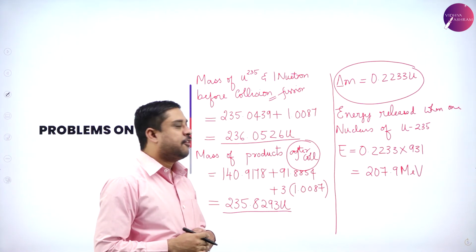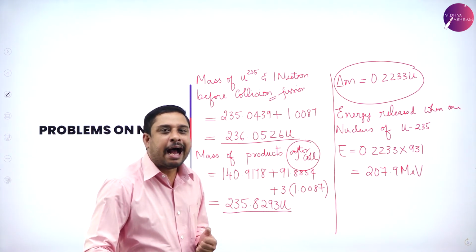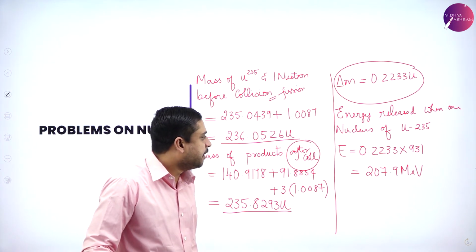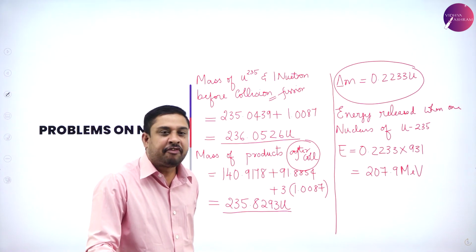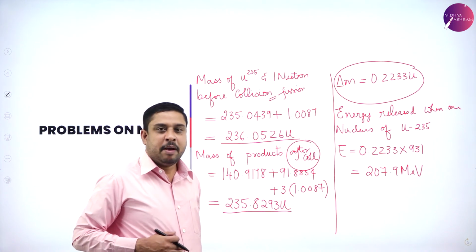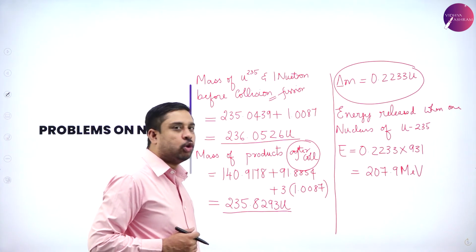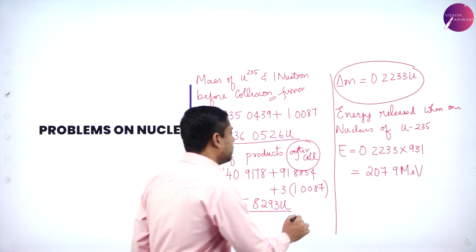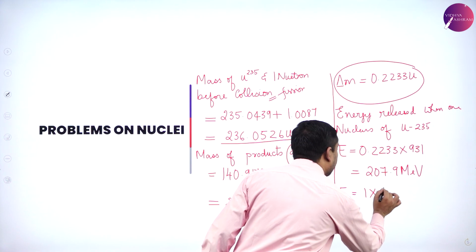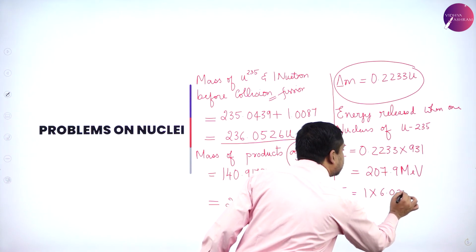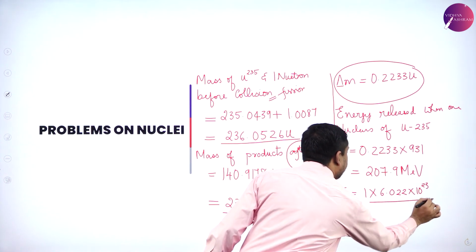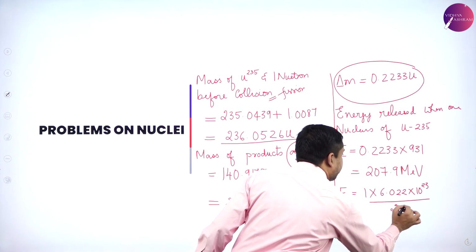So if you observe, I had to keep the answer in MeV, but I have to calculate the energy released by 1 gram of uranium-235. So this will be 1 into number of atoms in the sample divided by 235.